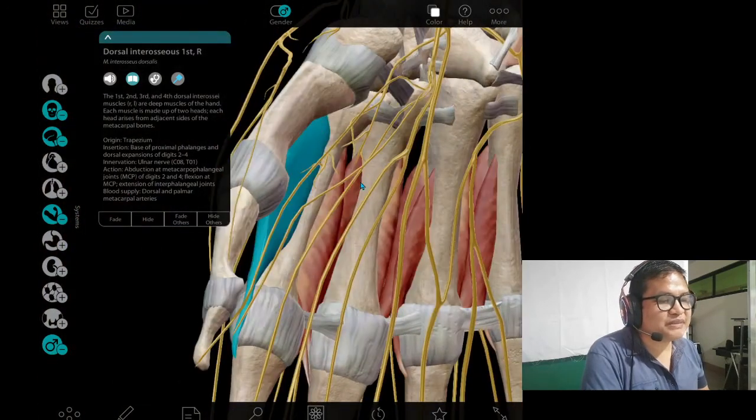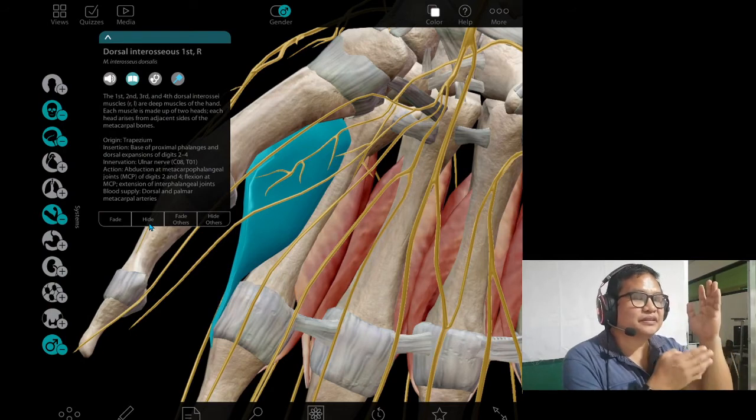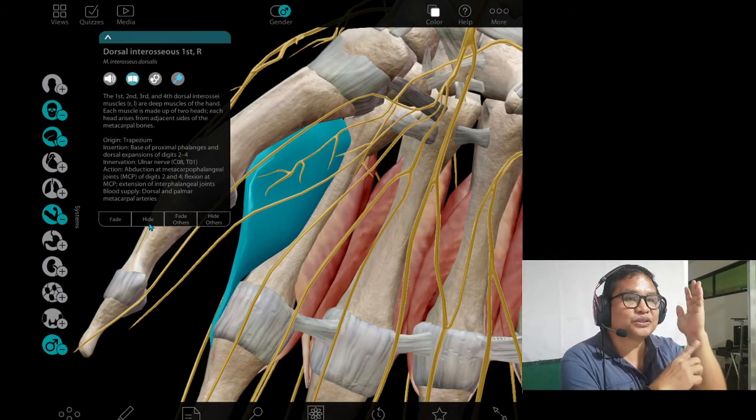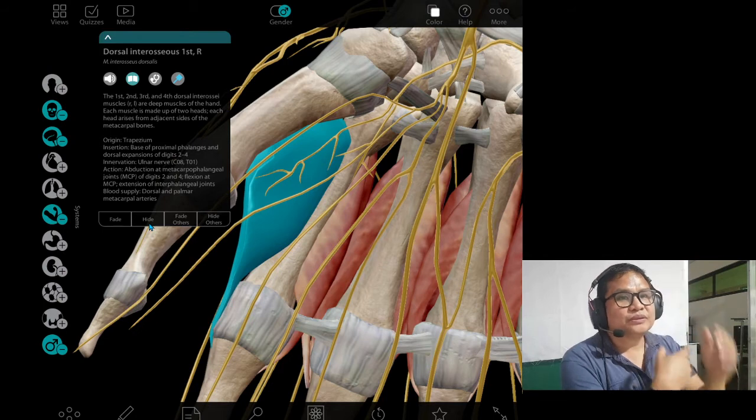So what is the significance of that? If you have an injury on the ulnar nerve, either at the tunnel of Guyon or the arcade of Frohse at the elbow, what will happen?